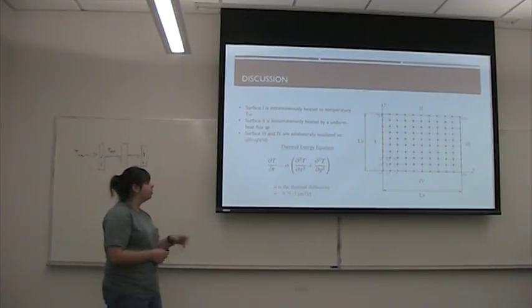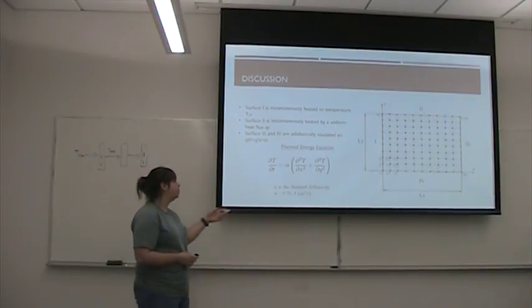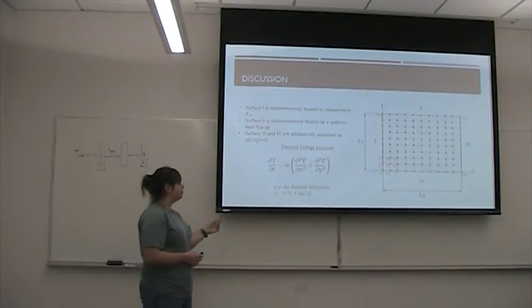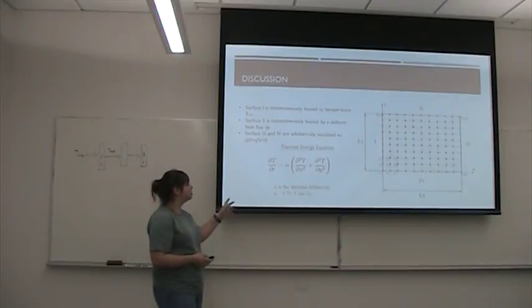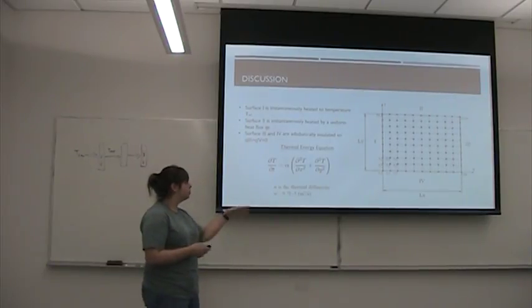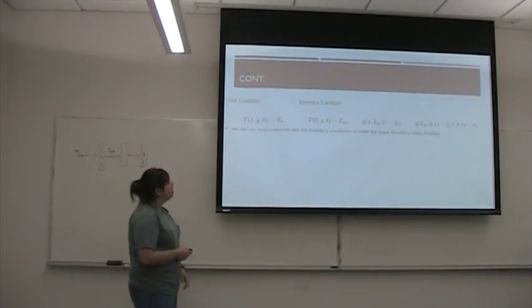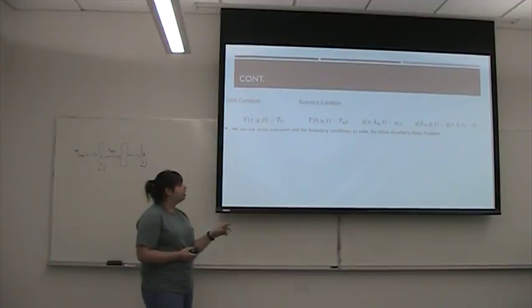From that we get a thermal energy equation, which we're going to start with, which is the partial derivative of temperature with respect to time, which equals the thermal diffusivity times our second order partial derivatives of temperature with respect to x and y. To solve that, we need an initial condition and 2 boundary conditions.